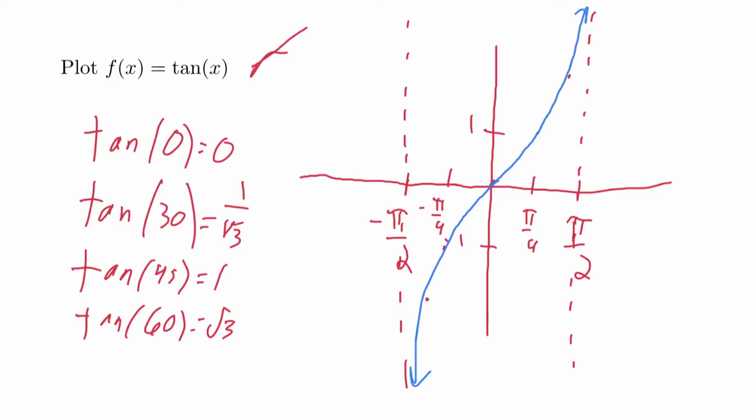Imagine what a triangle with an angle very close to pi over 2 looks like. If theta is very close to pi over 2 or 90 degrees, the opposite is going to be much bigger than the adjacent. So their ratio is approaching infinity as theta approaches pi over 2.